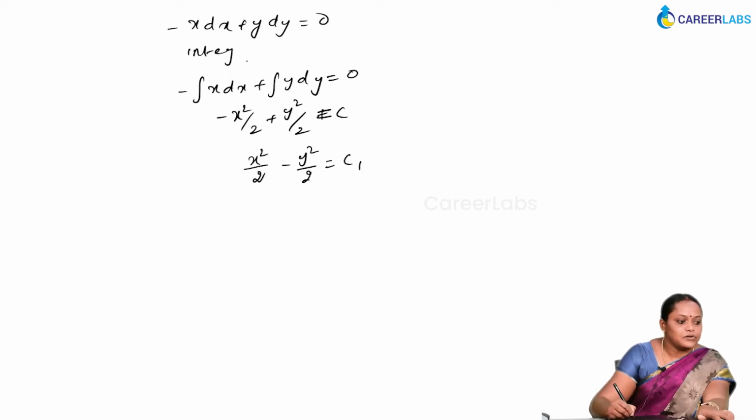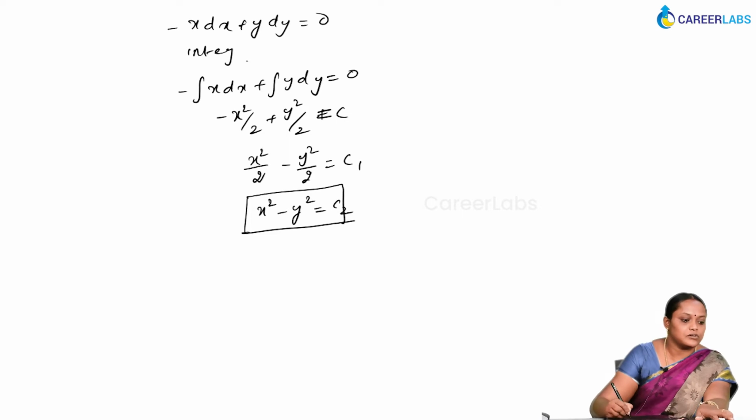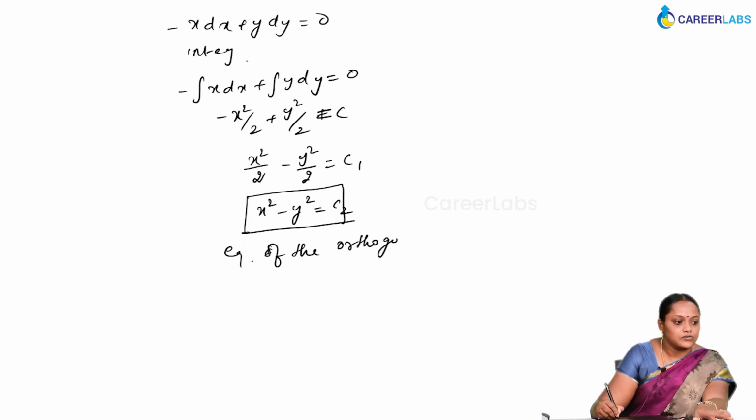Therefore, x square minus y square equal to some c2, where 2 times c1 I am calling c2. This equation is nothing but the equation of the orthogonal trajectory.